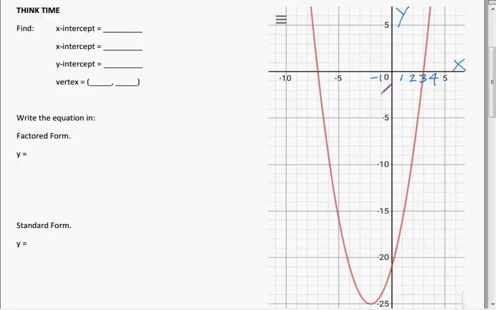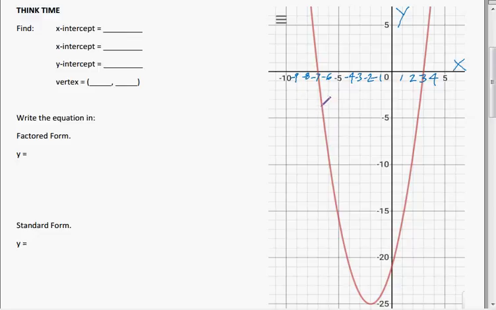Then I have negative 1, negative 2, negative 3, negative 4, negative 5, negative 6, negative 7, negative 8, negative 9, and then negative 10. So I know I have some more information really than is actually given on the graph, but I can figure out what that is. So first of all, x-intercepts.